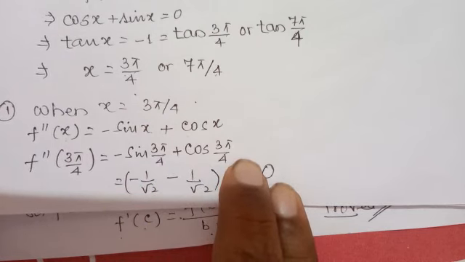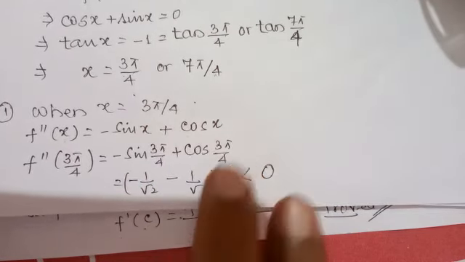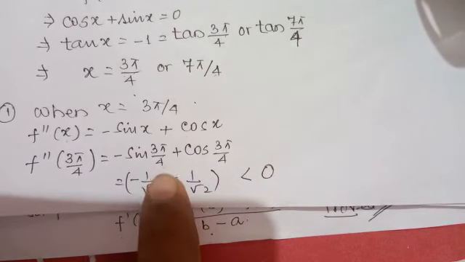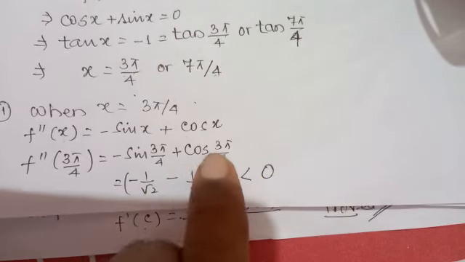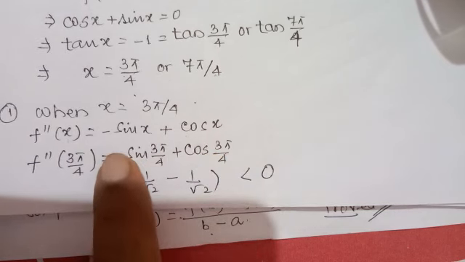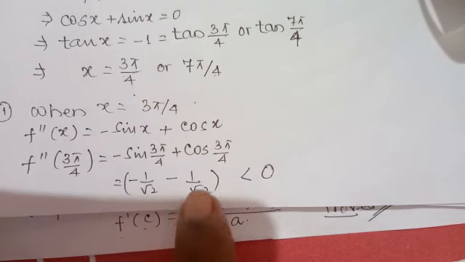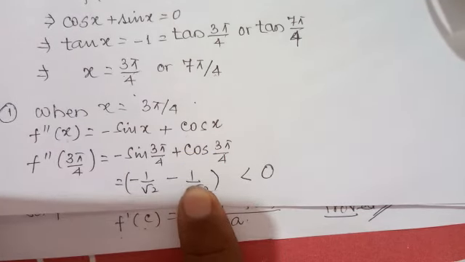You know the value of sine 3 pi by 4 and cos 3 pi by 4. Sine 3 pi by 4 is 1 by root 2, so it is minus already here, and cos 3 pi by 4 is minus 1 by root 2.